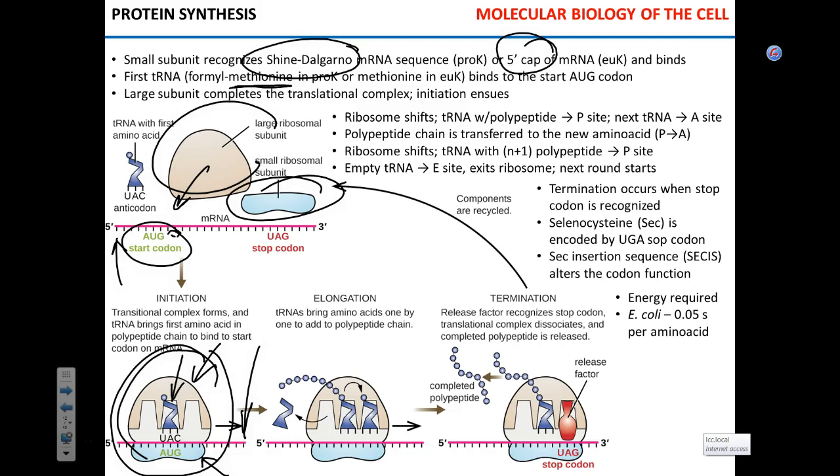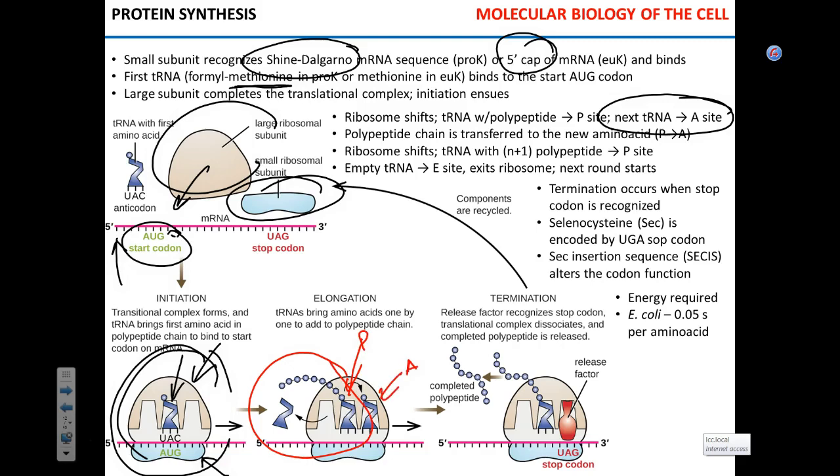The next step is the addition of tRNA to the A site of the ribosome. The ribosome has 3 sites: A site, P site, and E site. So next, tRNA enters the A site. This time, the previous tRNA carries the growing polypeptide chain and sits in the P site.